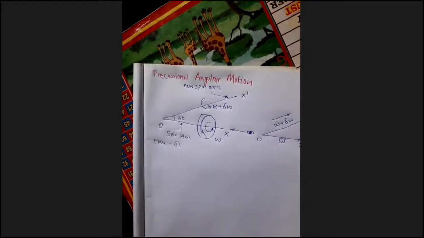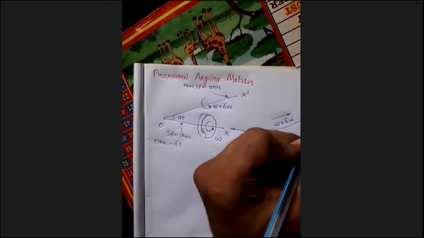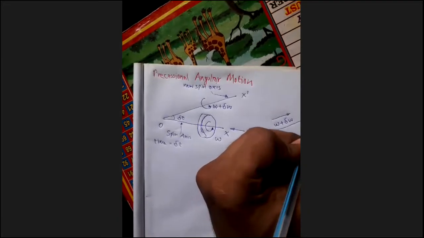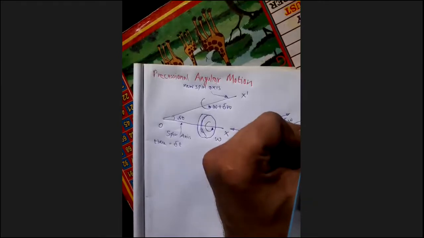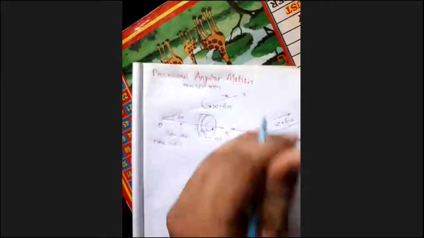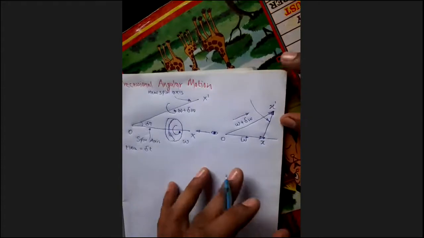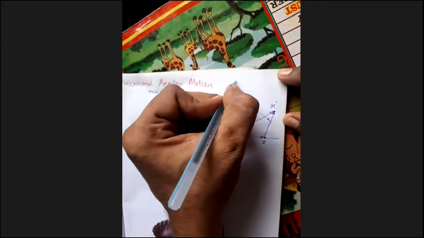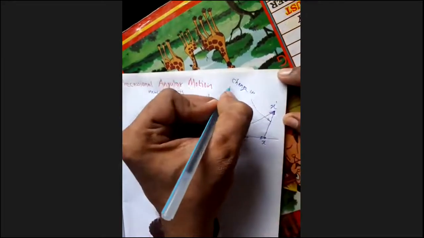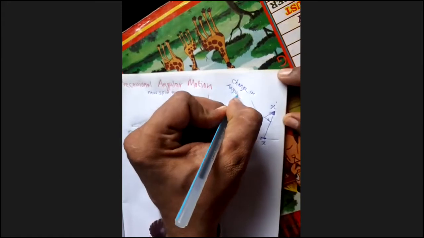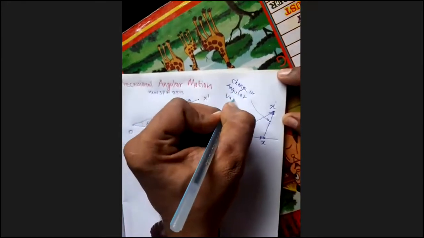Now what will happen? This vector XX dash will represent the change in angular velocity.